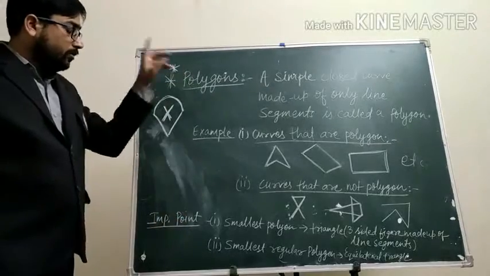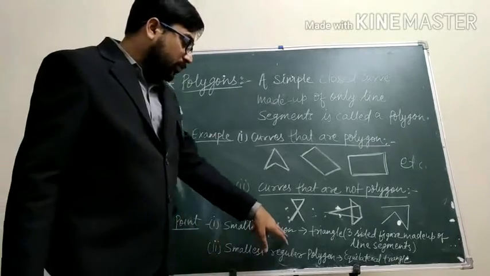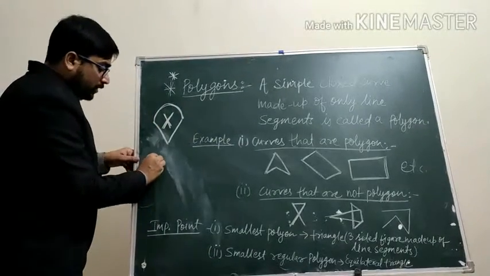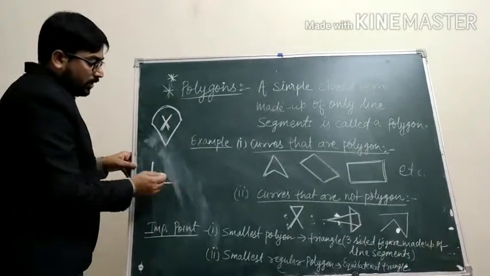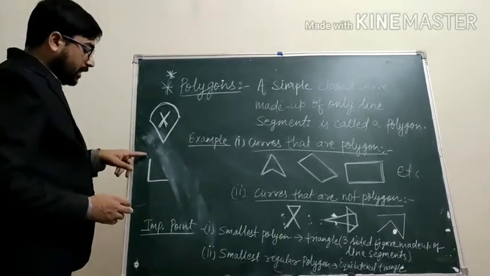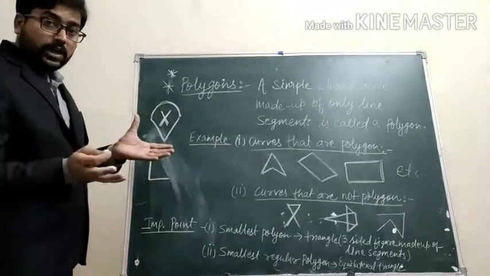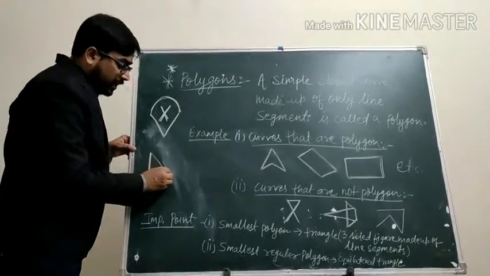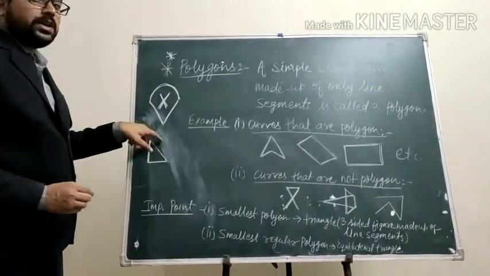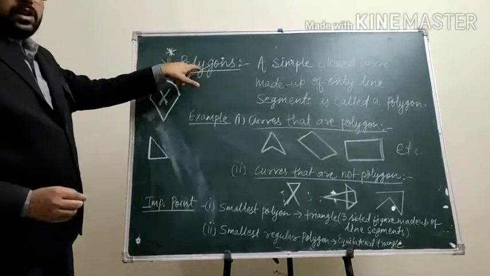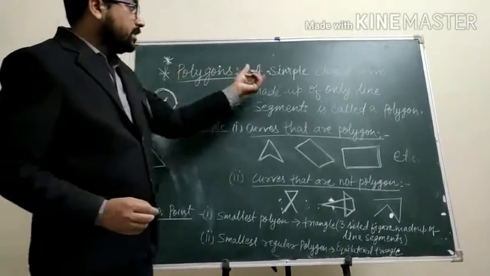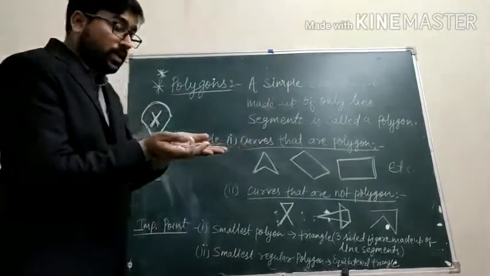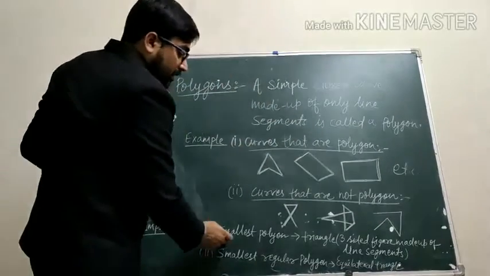Important point regarding polygons. The smallest polygon is a triangle, because with two sides we can't draw a closed figure. With the help of three sides we can draw a closed figure. That is under the polygon condition: a simple closed curve made up of only line segments. The curve must be closed. What is the smallest polygon?